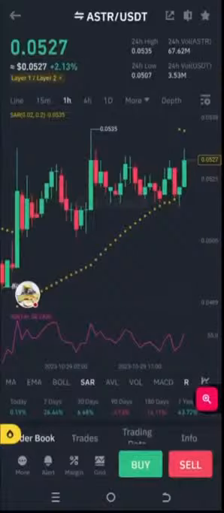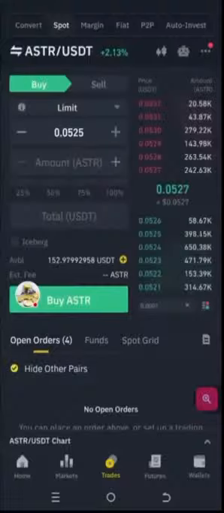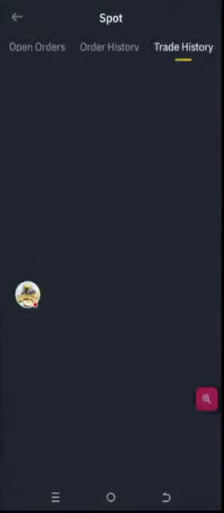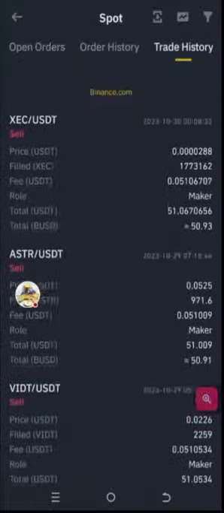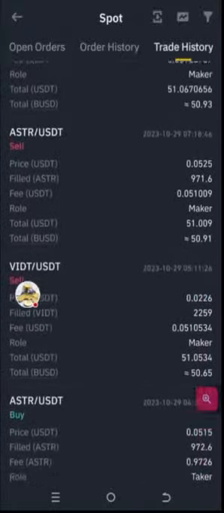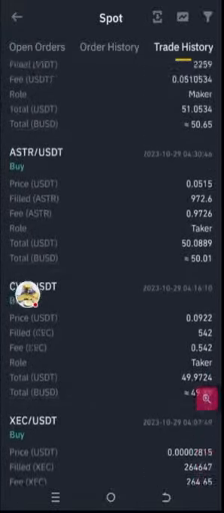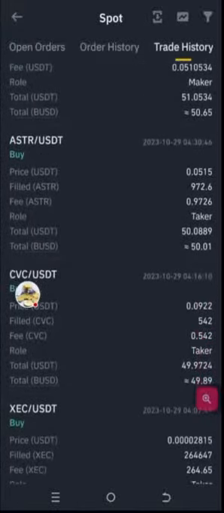Let's go and check in the order trade history. I always love to do that because you don't keep all these things in your brain, and since you weren't awake when all of these were happening, you have to come back and check what happened. So ASTR, let's look at it.